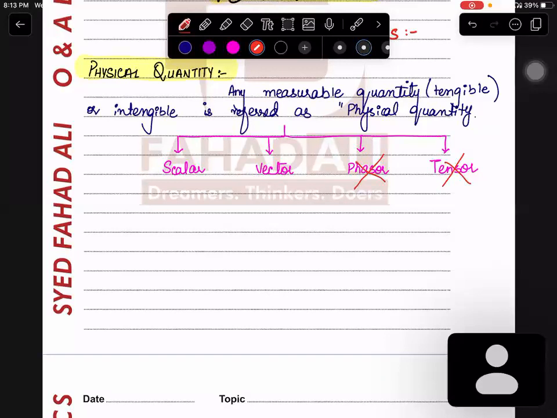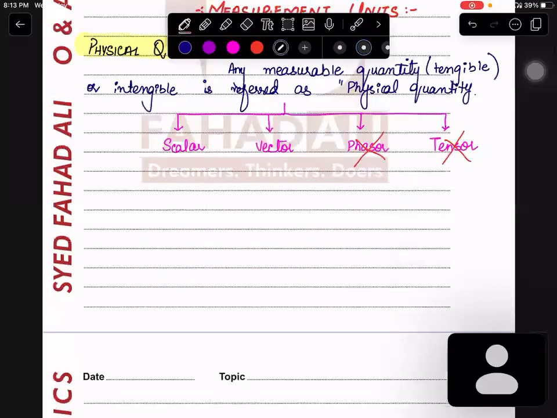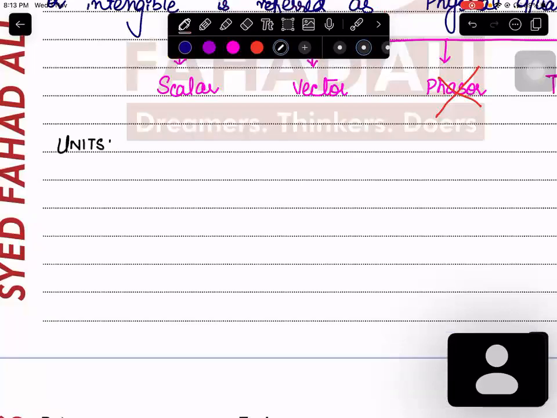Now, before we move on to the definition of scalars and vectors, I have a question. Aiza and Fatma, what is a unit?